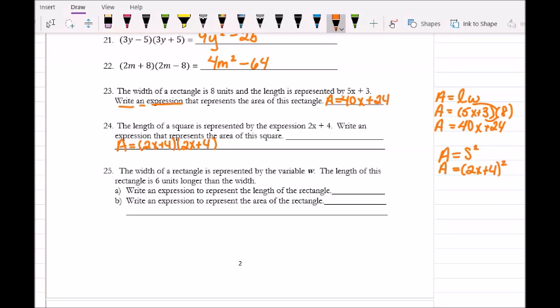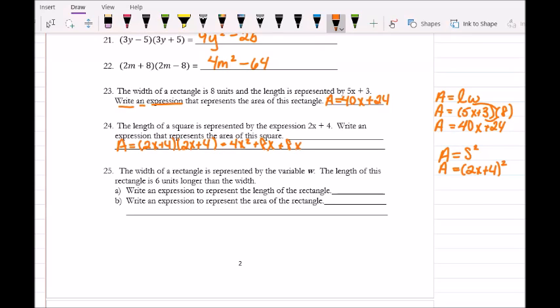And since those are two binomials, we can do FOIL. And they're not different signs. They are the same signs, so we're not going to just do the first and last like we did a little bit higher. We're going to actually do the whole FOIL. First would be 4x squared. Then outer, 2x times 4 is 8x. Inner, 4 times 2x is 8x.